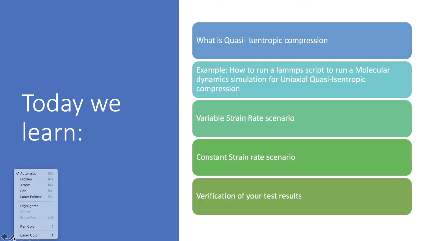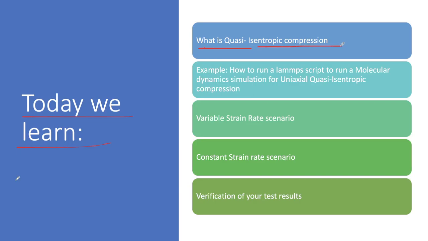So, anyways, what we plan to learn today is the following. Number one, we're going to learn what quasi-isentropic compression is. Then we're going to provide an example of how to run a LAMMPS script to run a molecular dynamics simulation for a uniaxial quasi-isentropic compression.